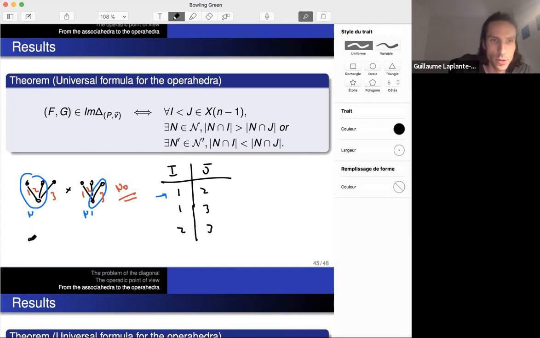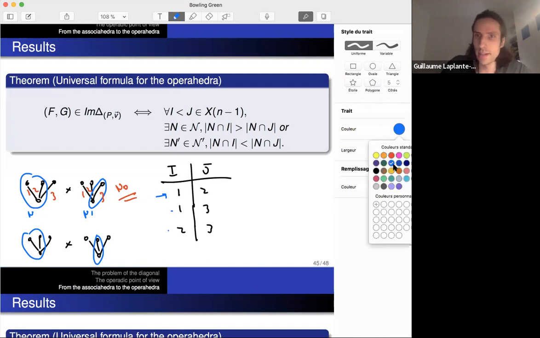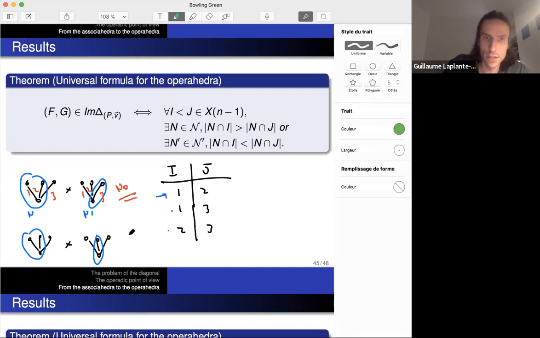Let's try to find something that works. Maybe this one and this one. You get something on the right that contains 2 but not 1, and the nest on the left contains 1 but not 3 and 2 but not 3. So this pair will actually be in the diagonal.